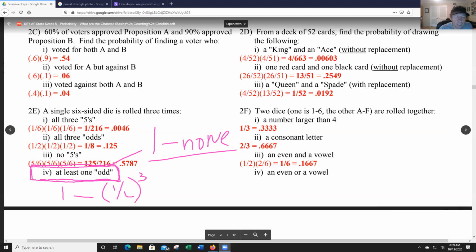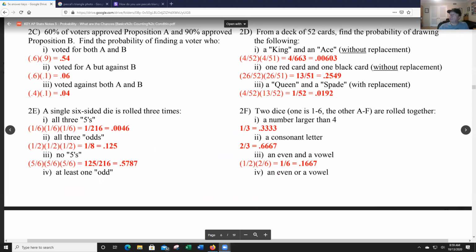So that's 1 minus 1/8, which is 7/8. You've got a real good chance to get at least 1 odd, a 7/8 chance when you roll 3 times. That's a common problem, the at least 1 problem, and you're going to see that quite a bit here.